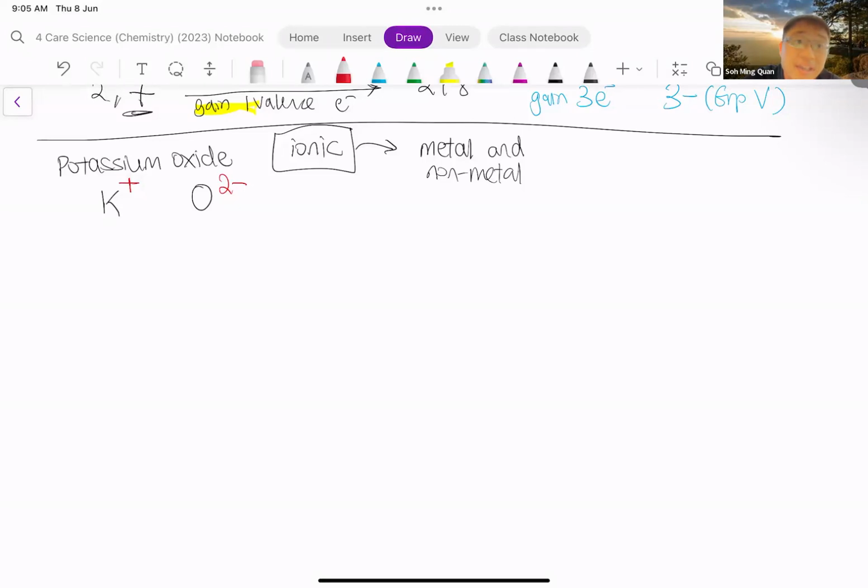This is not balanced if you just have one potassium and one oxide. Therefore, we know that you will need two potassiums to balance out the doubly negative charge on the oxide ion. Therefore, it's K2O.